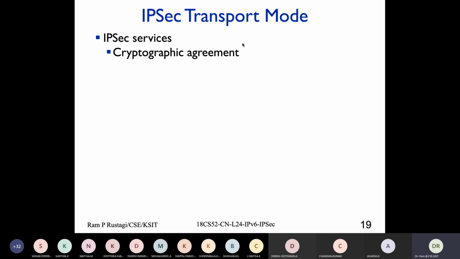For example, should they use DES, 3DES, RSA, ECC (elliptic curve cryptography), or AES, the Advanced Encryption Standard? And even with AES, should it be a 128-bit key, 160-bit key, or 256-bit key? You negotiate during the IPsec session setup so that we agree upon which cryptographic protocol and what key size to use.